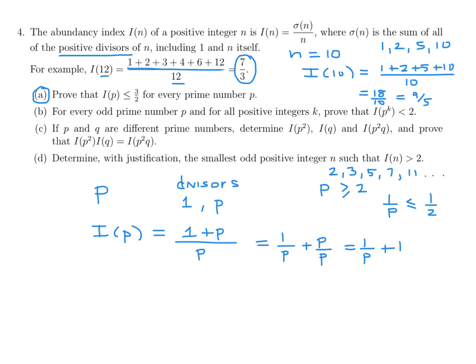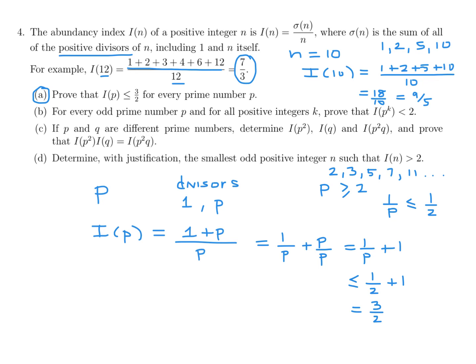If P was 3, it would be 1 over 3, which is less than a half. If P was 5, it would be 1 over 5, which is less than a half. So this is always less than or equal to 1 over 2 plus 1, which is the same as 3 over 2.